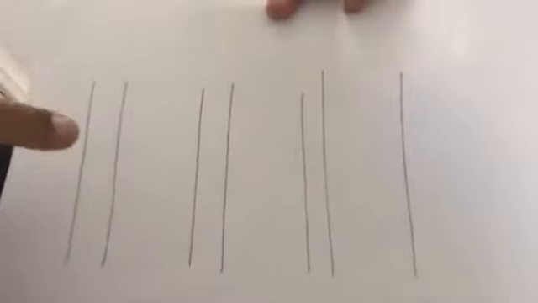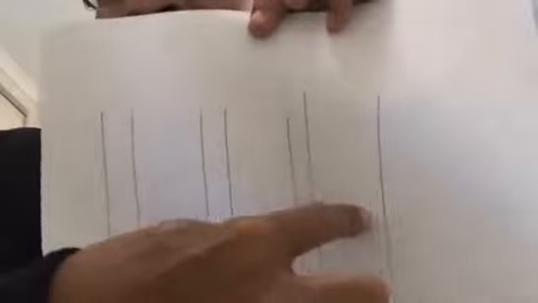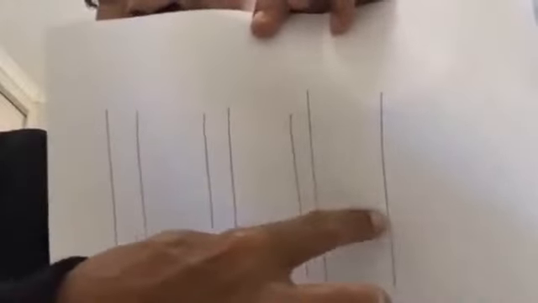But this is one set of parallel lines, this is another set, and this is also another set, right? Therefore, this is the independent line. Things that are closer, it is called closure, a phenomenon. They are perceived together.